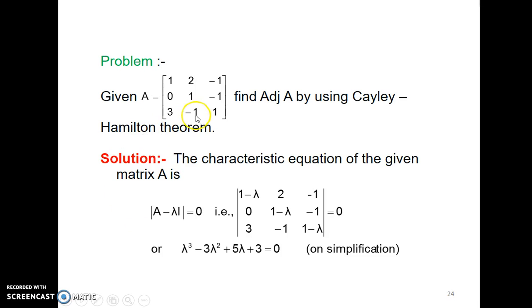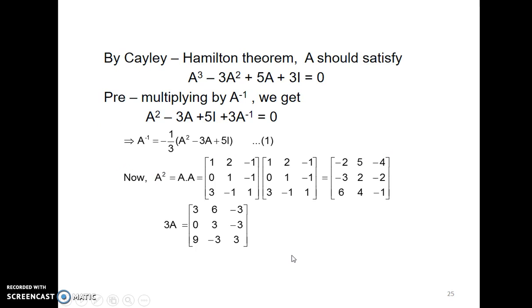Now another example. Find the adjoint of A using the Cayley-Hamilton theorem. Here also, first we write the characteristic equation. According to the Cayley-Hamilton theorem, we can write this equation because A satisfies its characteristic equation. Now, when we pre-multiply by A inverse, you get another equation, and there you can write A inverse.